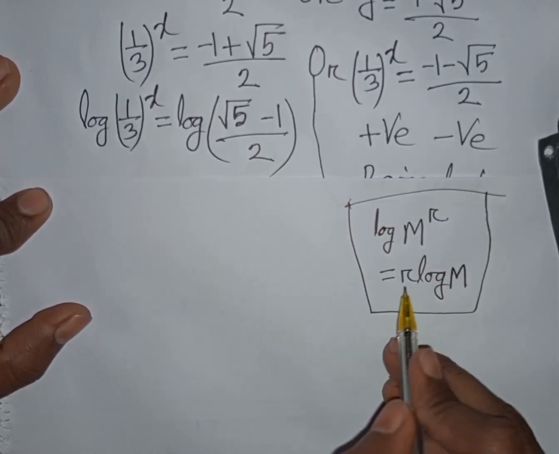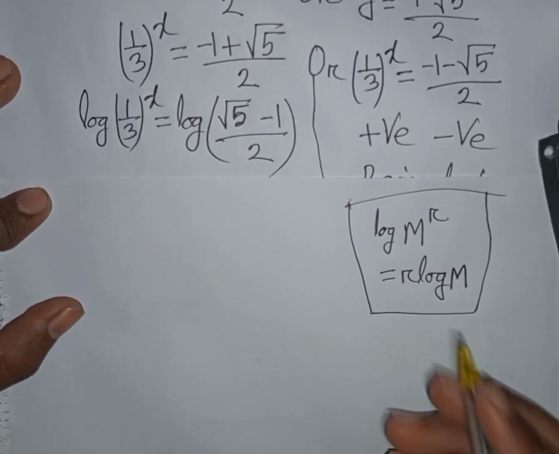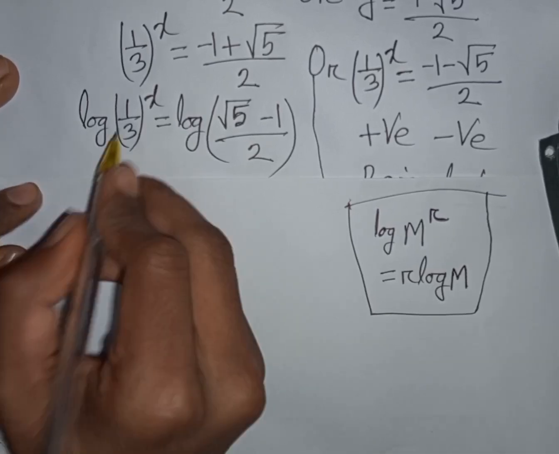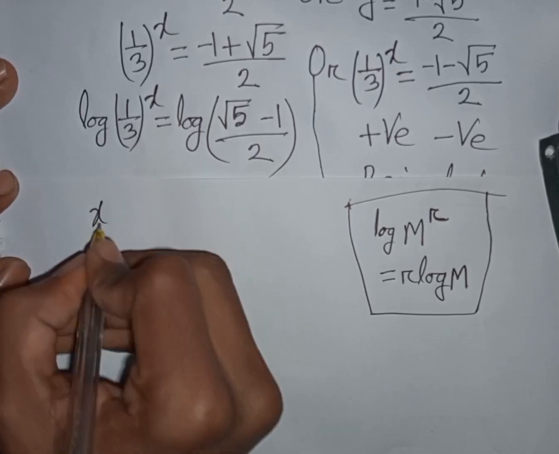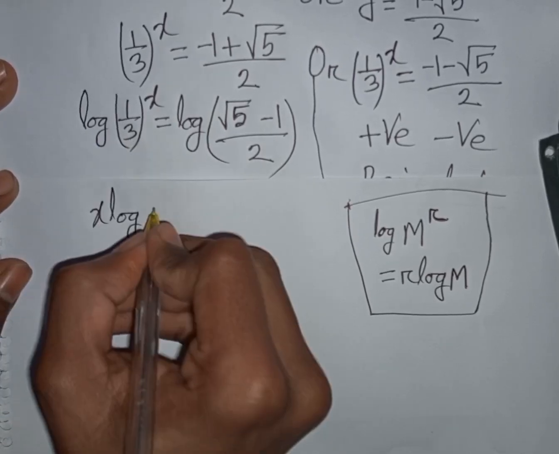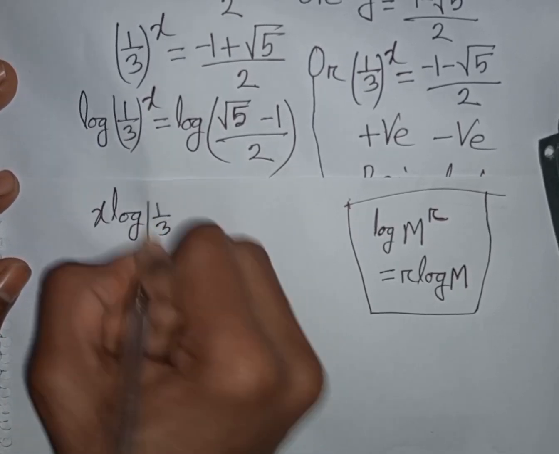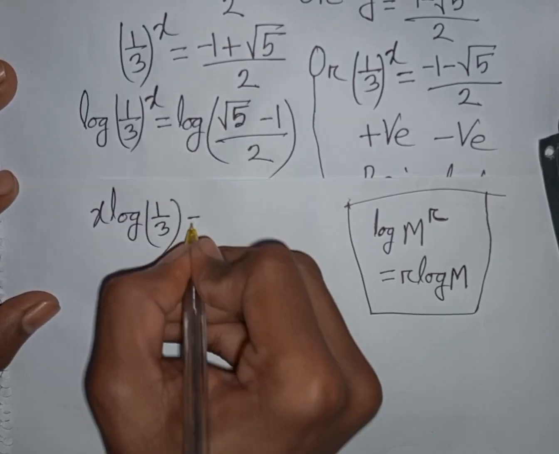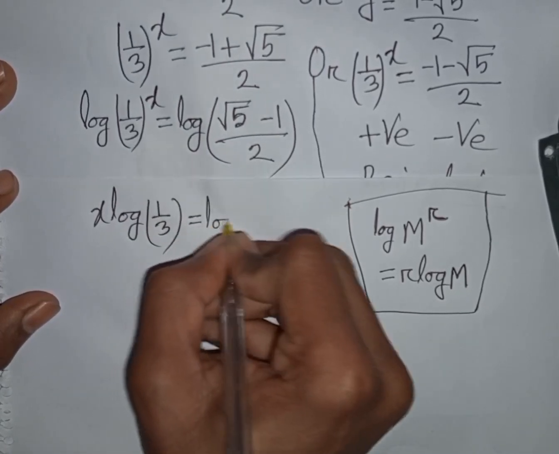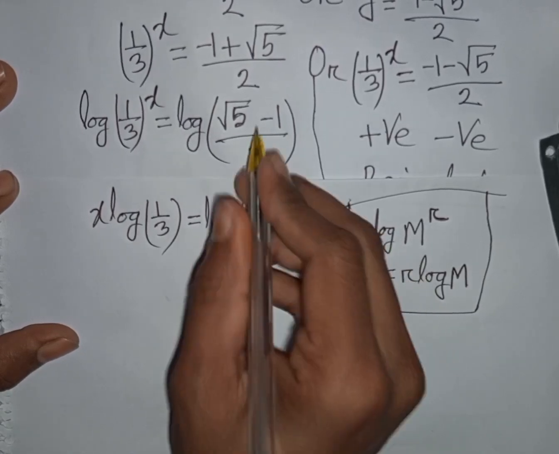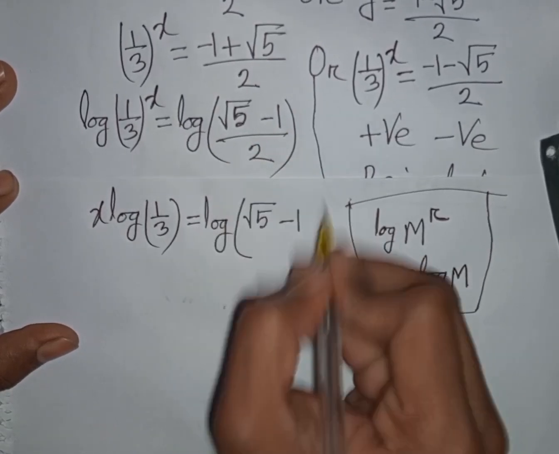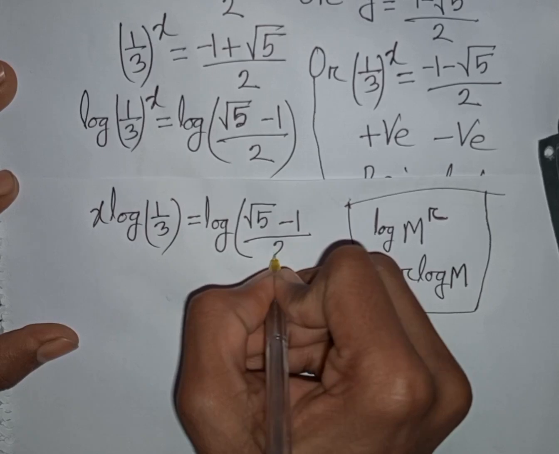That means this power r moves to the front. So according to this rule, this power x will move in front. So you can write here x log 1 by 3 is equal to log of square root of 5 minus 1 divided by 2.